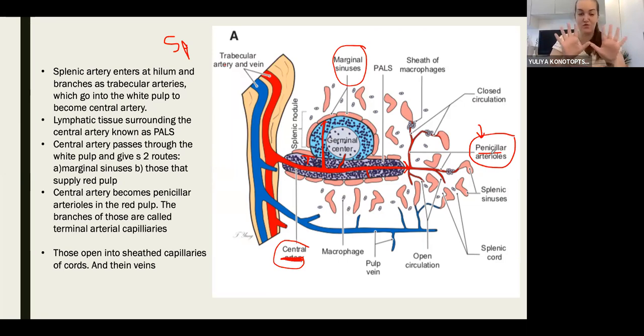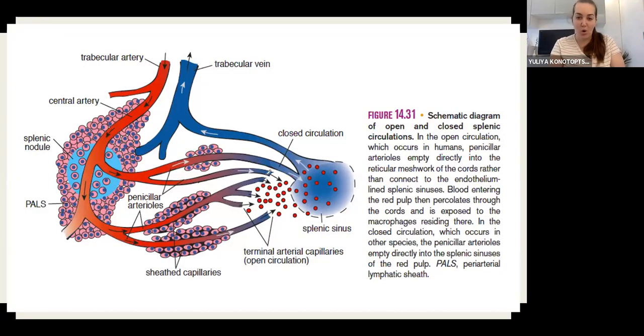The blood passes through the cords of Billroth into the splenic sinuses. So we call this circulation the open circulation, because for a short period of time, the blood which was located within the penicular arterioles is actually not there anymore. It's passing through the filter.